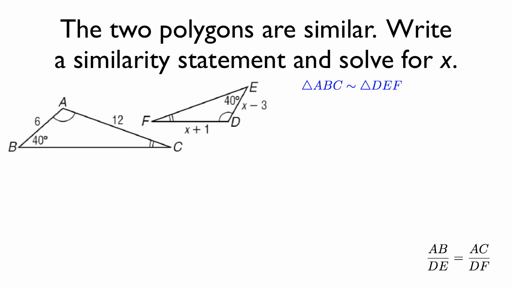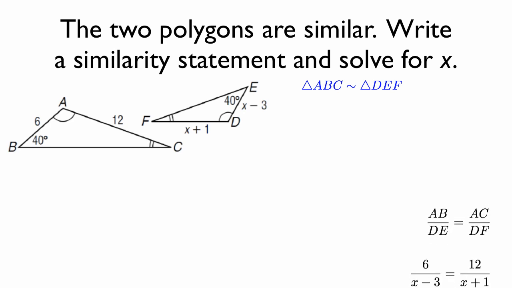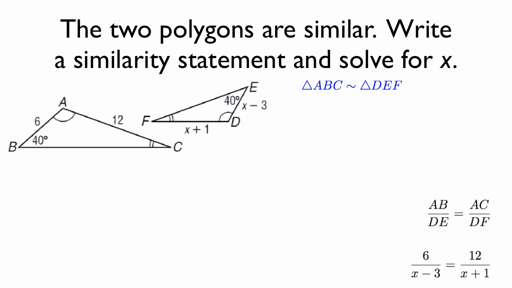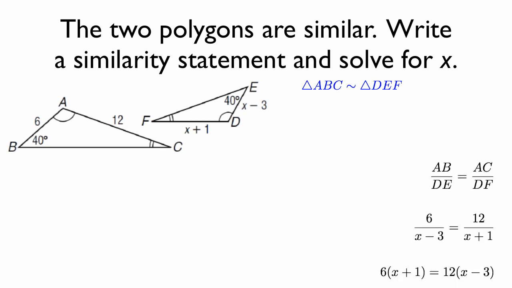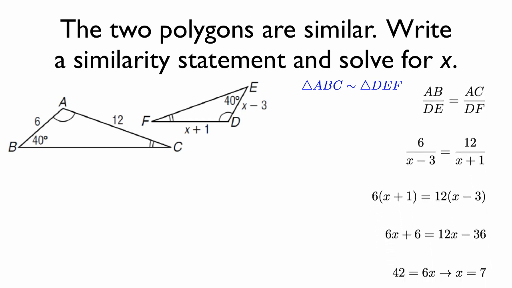AB, the first two letters in triangle ABC, must correspond with DE, the first two letters of DEF. AB over DE equals AC over DF. Cross multiply to solve for x, and we get that x is 7.